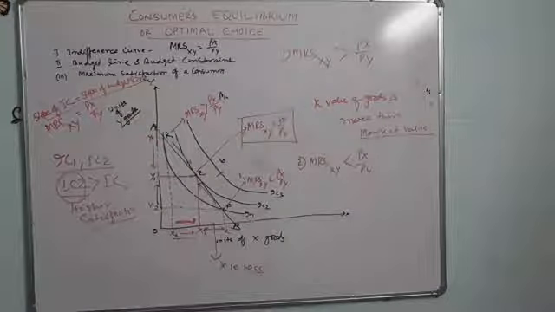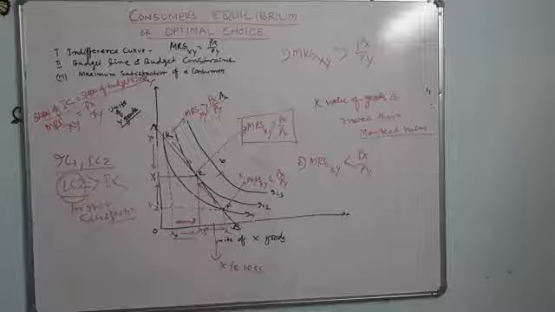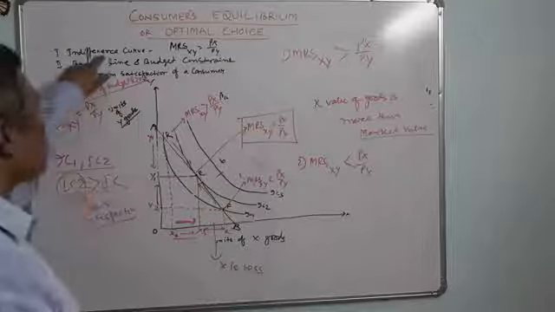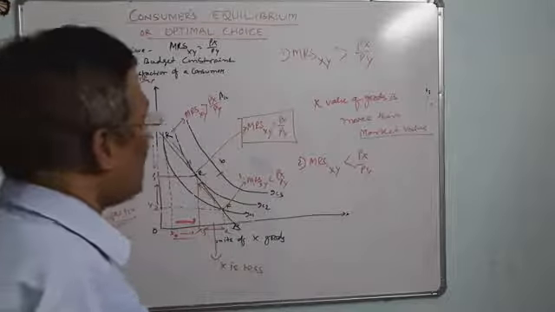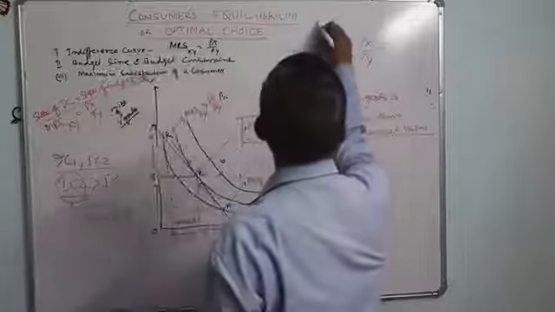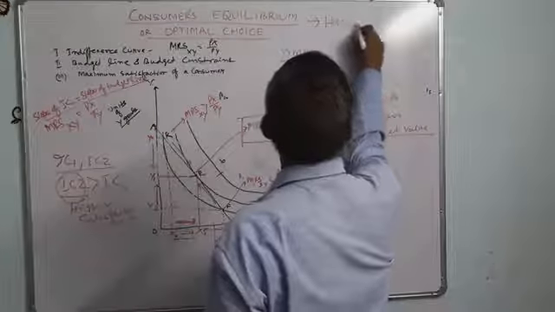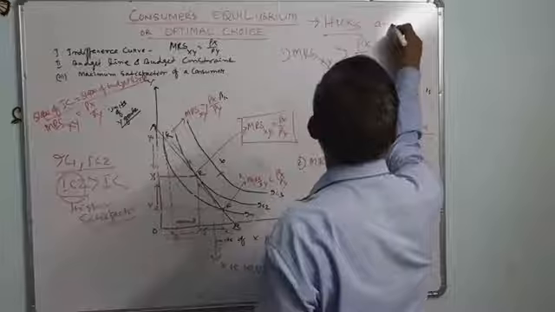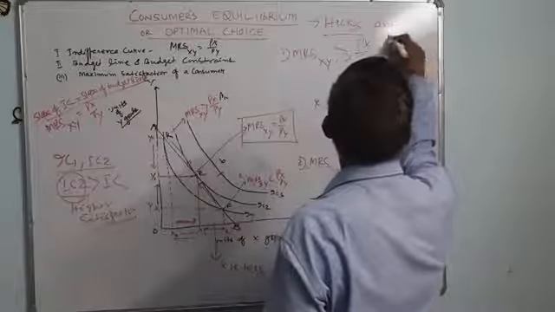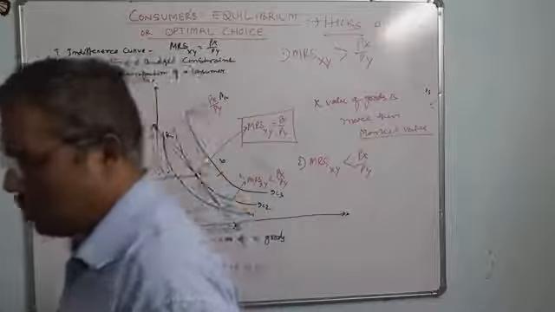It means how the consumer attains equilibrium through the indifference curve approach, which is also known as Professor Hicks' analysis of consumer's equilibrium.